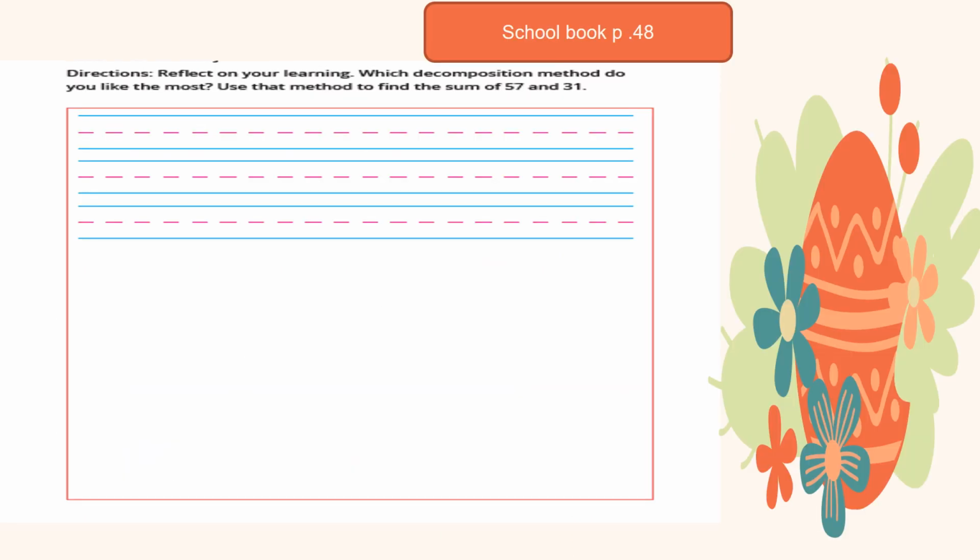Learner, which decomposition method do you like the most? Use that method to find the sum of 57 and 31. I like decomposing by place value. 57 plus 31. Ones with ones. 7 plus 1 equals 8. 5 plus 3, after 5: 6, 7, 8. 88.